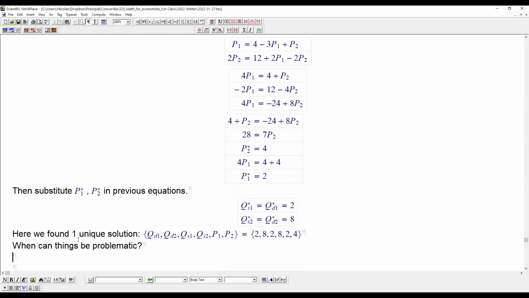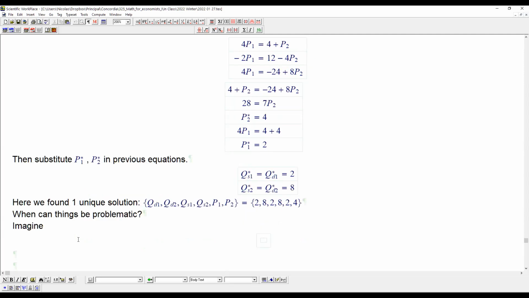So imagine the following system. I get 4 plus 2P1 plus P2 equals 0.